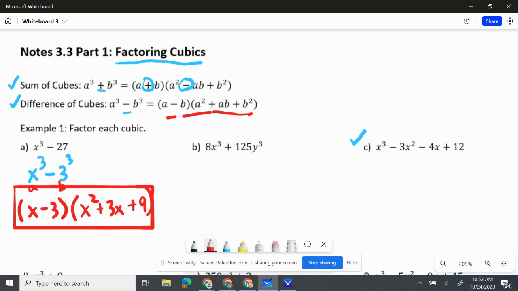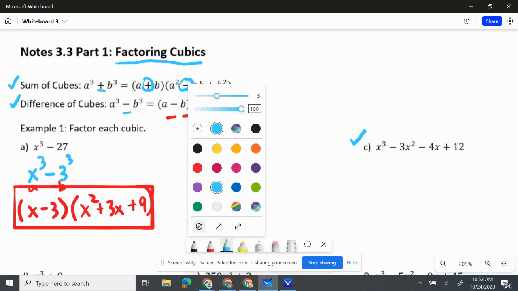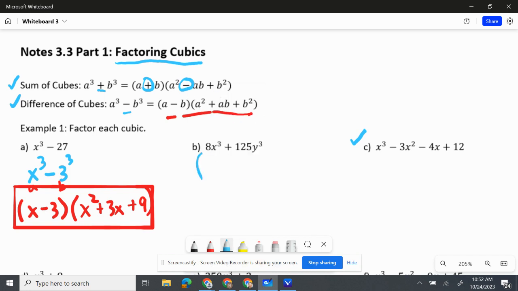Now for the next one, it's a little bit more complicated. I'm first going to write it as cubes, so this right here would be 2x cubed, because 2 cubed is 8. And I have 5y cubed, because 5 cubed is 125. My a value is 2x, my b value is 5y.